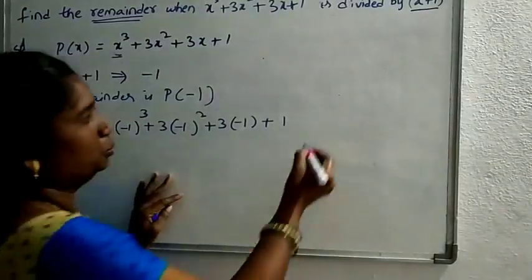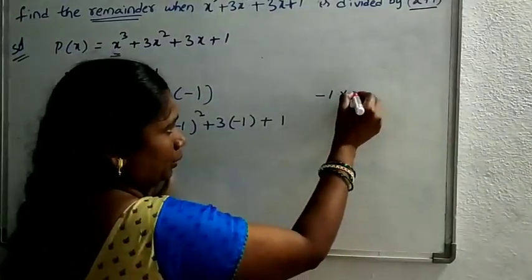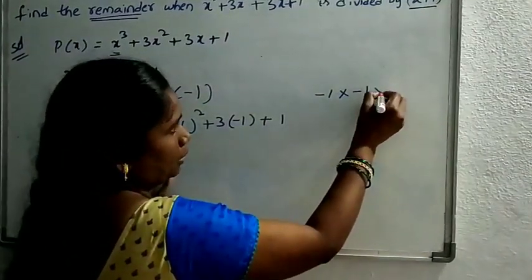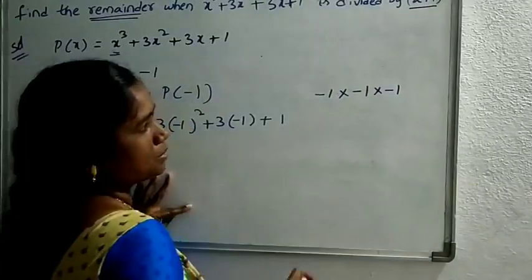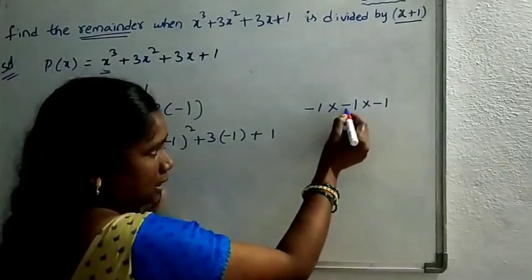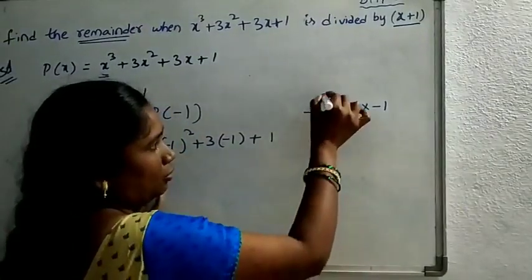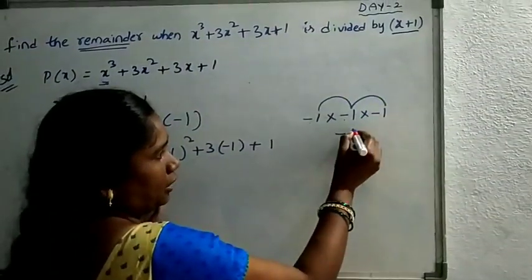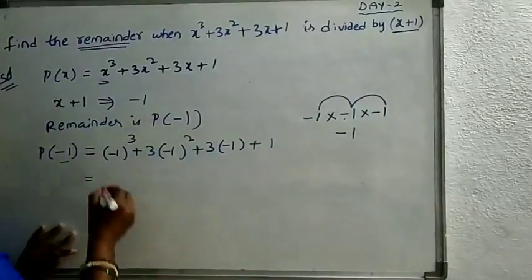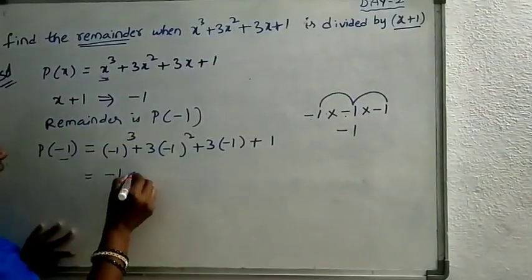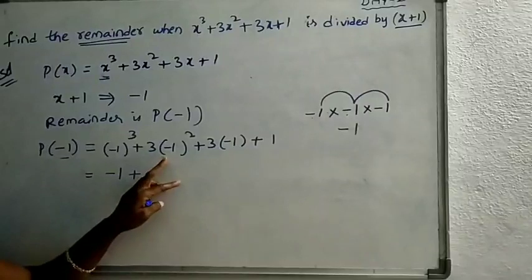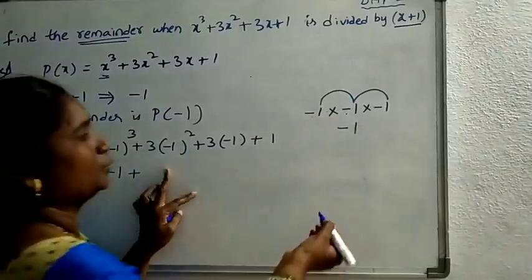Minus 1 cube means minus 1 multiplied 3 times. So, minus into minus is plus, plus into minus is minus. 1 into 1, 1 into 1. So, this is minus 1 plus 3 into minus 1 square.